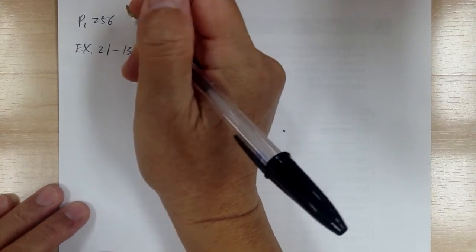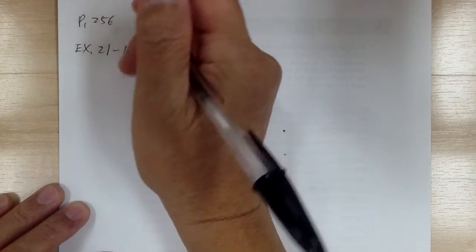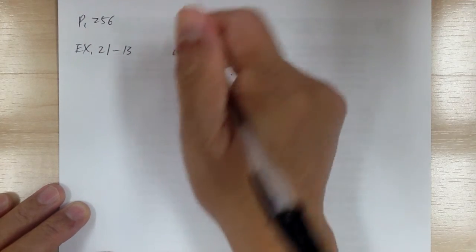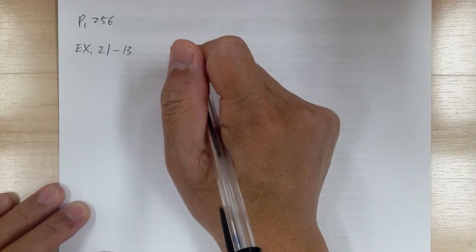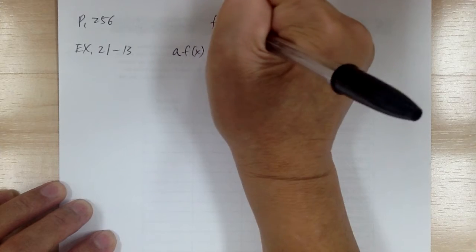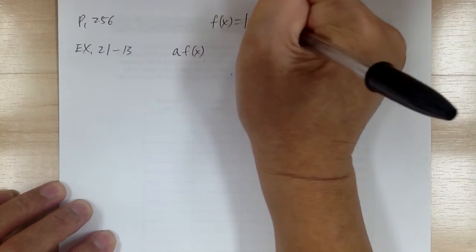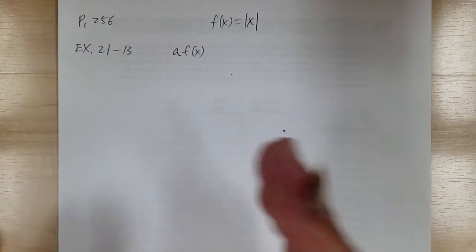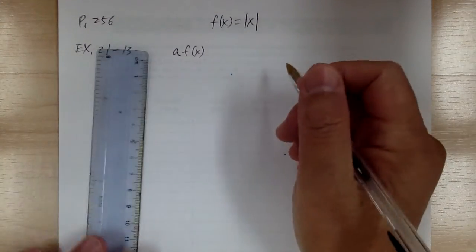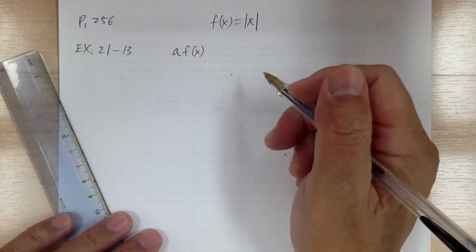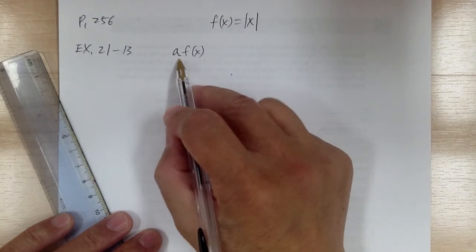If you have a multiple of a function, let's say you have f of x and you multiply by something, what does it do? Well, if you have f of x equal to the absolute value of x, then when you multiply by something, it means you change the slope. But you just do the same thing. The higher the slope, the more of a V shape it is, and again it just affects the slope.